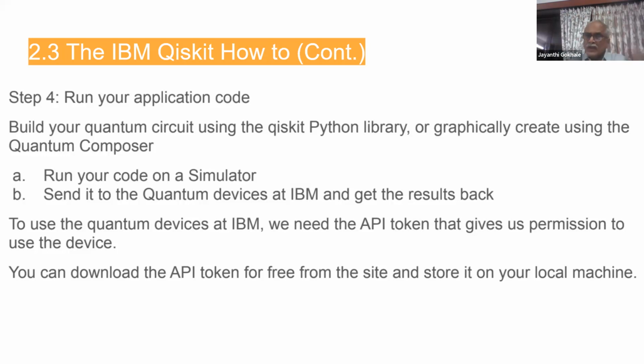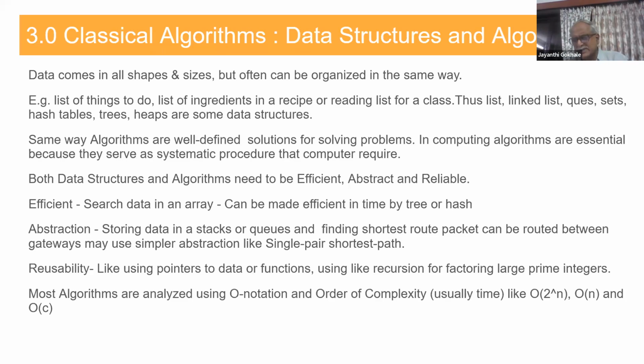Okay. Whenever I want to use this quantum device, I have to use the API token. Now, the API token is a unique key using which you authenticate yourself and then gain access to the far-end quantum device. And that API token is available whenever you set up your account. So when you set up your account, kindly grab this API token and save it onto your machine. That's about the process and the procedures.